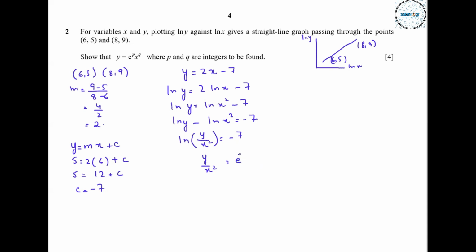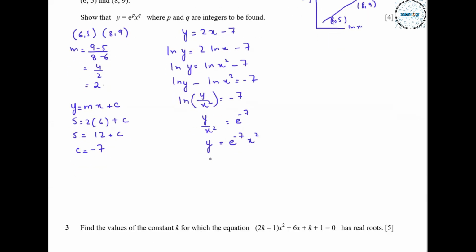So we can write here e power minus 7. So now we'll multiply this by this. So we will have y is equal to e power minus 7 and x power 2. So we'll compare it with y is equal to e power p x power q. So the value of p is minus 7 and the value of q is 2.